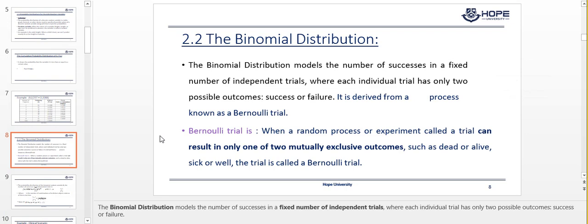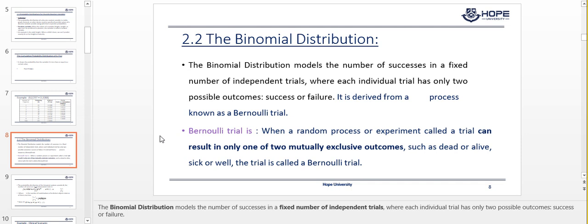What is binomial distribution? Binomial distribution is a model of the number of successes in a fixed number of independent trials where each trial has only two possible outcomes, either success or failure, with a probability of success and a probability of failure.